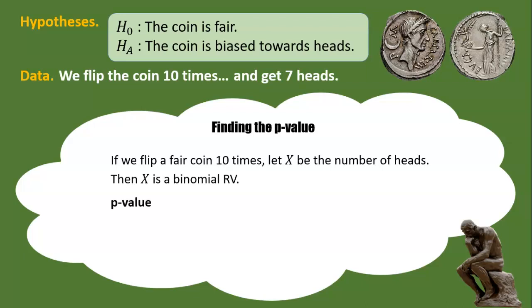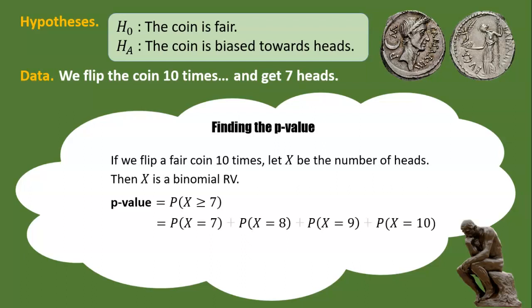Now the p-value we want is the probability of getting at least 7 heads. That is, the p-value is the probability that x is at least 7. There are many ways for x to be at least 7. It could be exactly 7. It could be 8, or 9, or 10. If we find all these individual probabilities and add them up, we'll get the result we want.